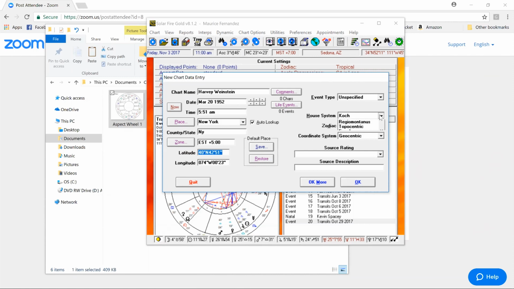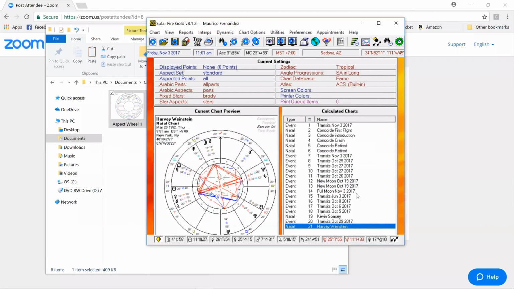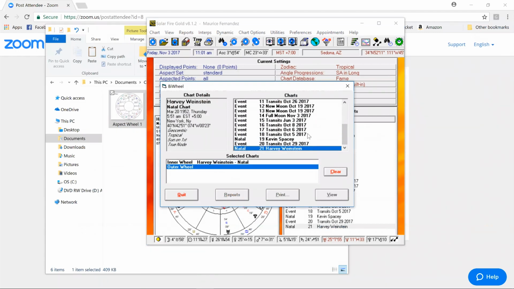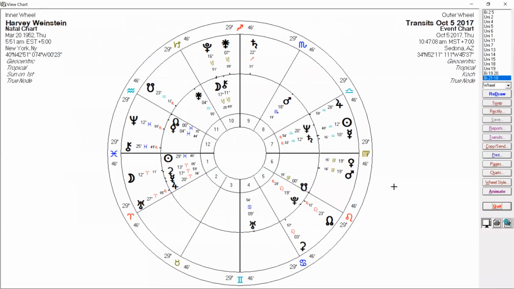I don't have the exact time of birth, so I'm going to put a sun on the ascendant. So, interestingly, what do you see in Harvey Weinstein's chart? I hadn't even looked at it, but there it is.